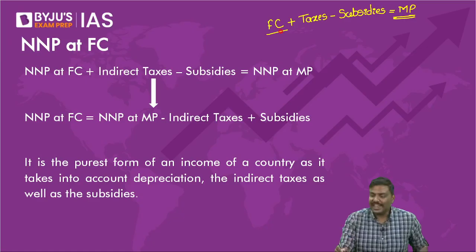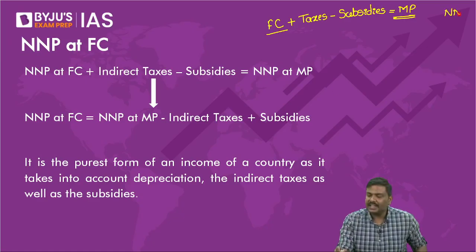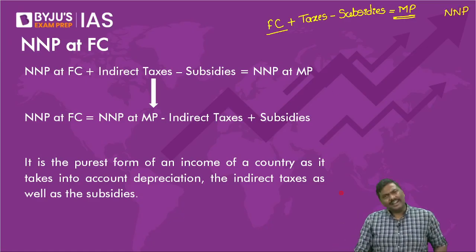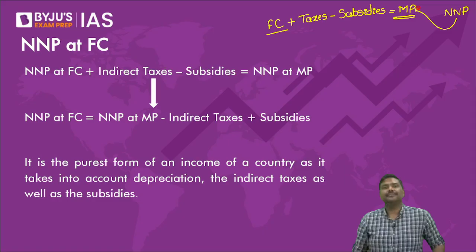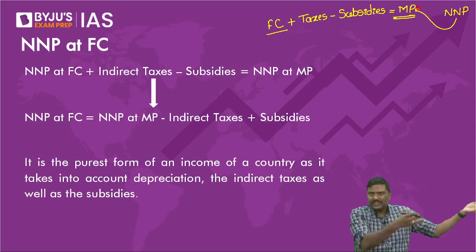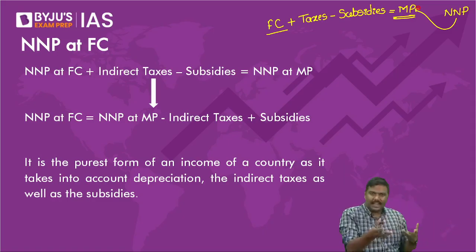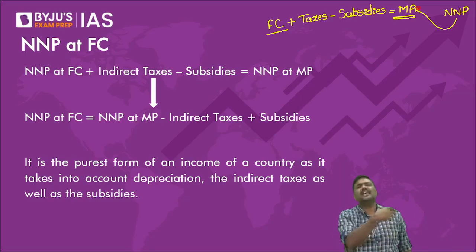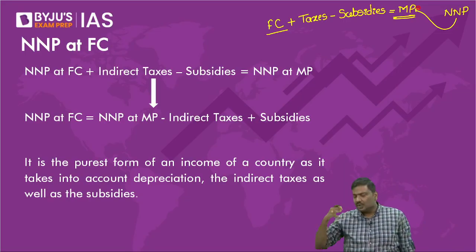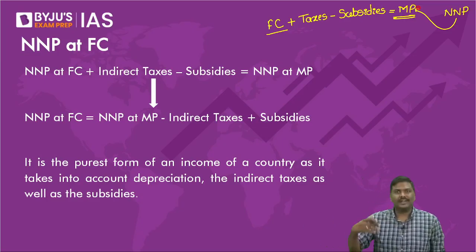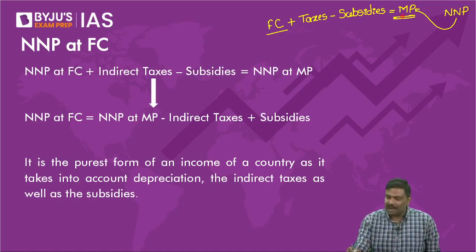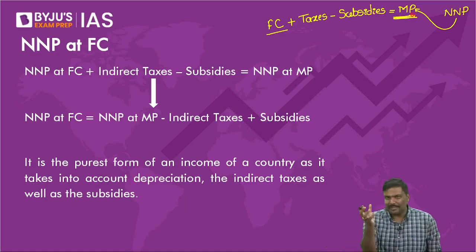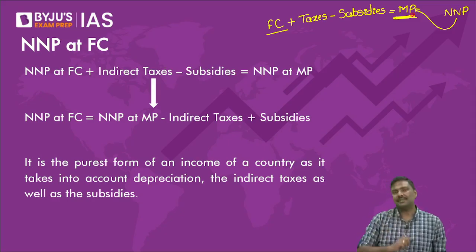Now, if I say NNP, net national product, the net national product is calculated using market prices. Just like GDP, because we have used GDP in the calculation of all of this. GDP is calculated at market prices. So NNP is also calculated at market prices. But don't you think even if you take market prices, that is not the right representation?